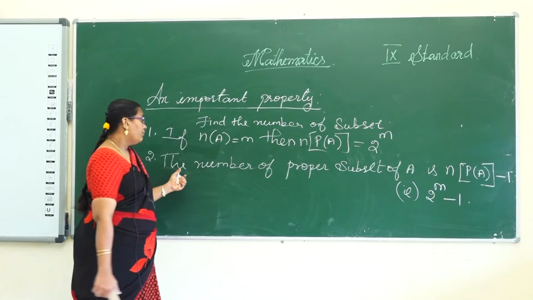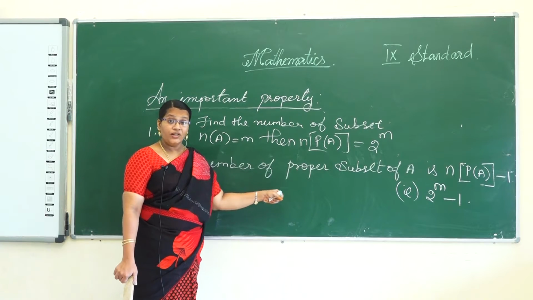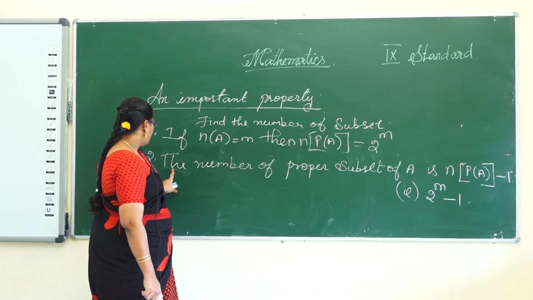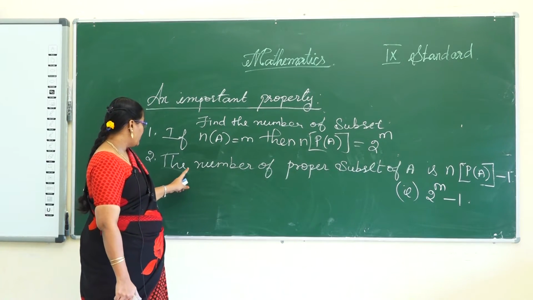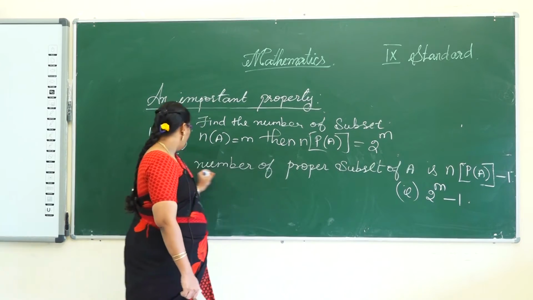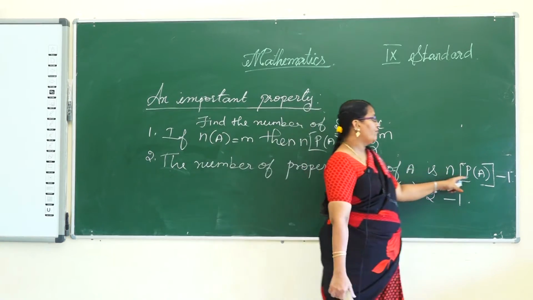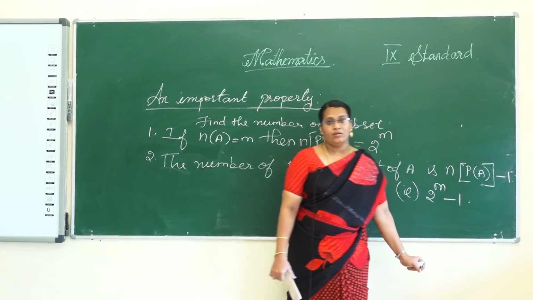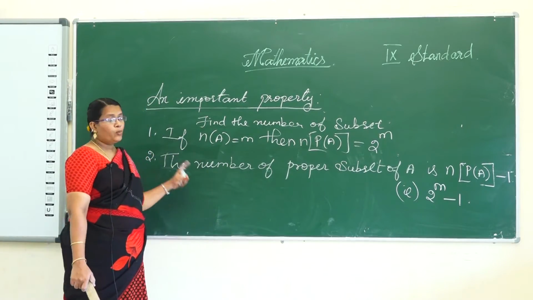And next, to find the number of proper subsets, we use the property n of P of A minus 1, that is 2 power m minus 1. Let us see the example problem related to this important property.